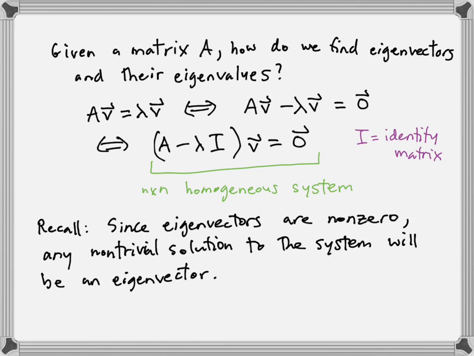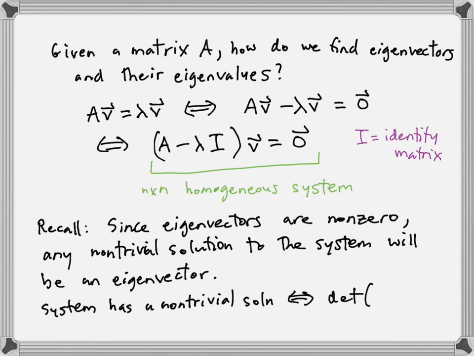And so we can actually use the determinant to help us out. Okay? Since eigenvectors are non-zero, any non-trivial solution, so the system has a non-trivial solution if and only if the determinant of A minus lambda I is equal to 0.